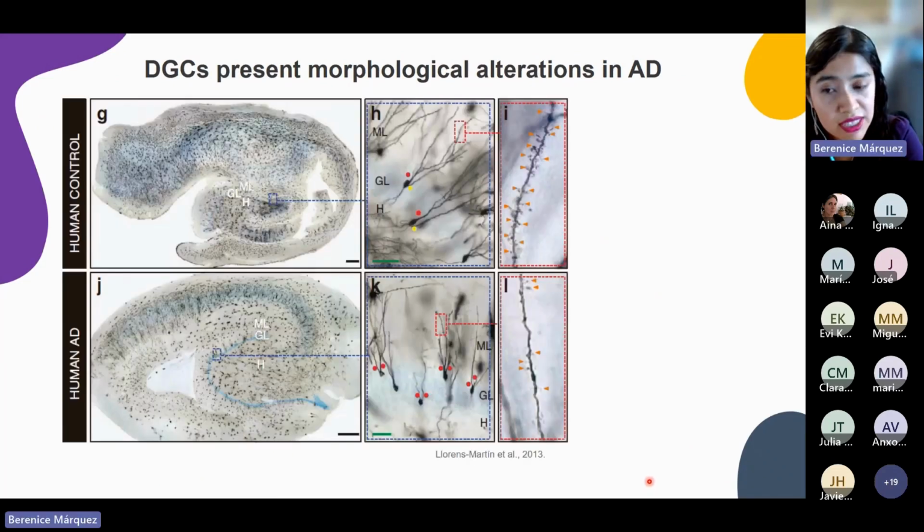In relation with this data, we also evaluated that the Alzheimer's human tissue at later stages of the illness presents an increased number of cells with 2 or more primary apical dendrites. This morphology has been named V-shape.